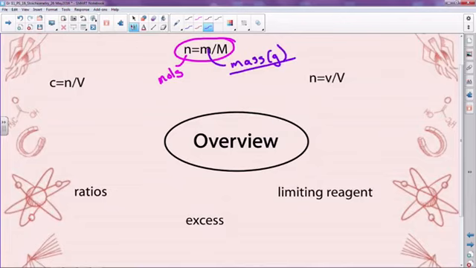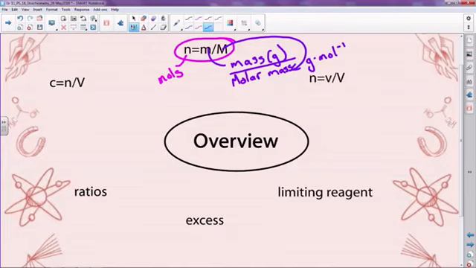And the large M is known as your molecular or molar mass, and that is measured in grams per mole. That's the unit if you need it. If you're going to use it as a ratio, then obviously it's got no unit. But in most calculations, the unit is grams per mole. So that's the one way of calculating moles.